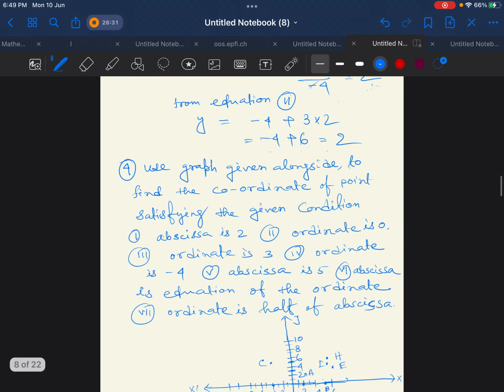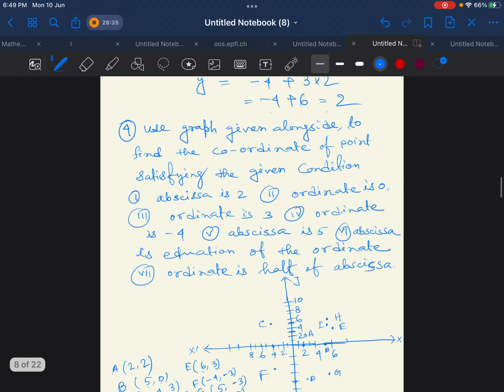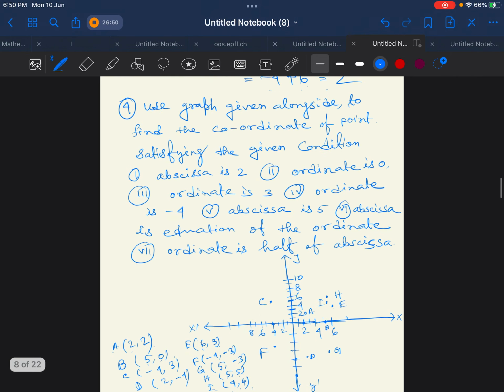Use the graph given alongside to find the coordinates of the point satisfying the given condition. Question number 4. Here, use the graph given alongside to find the coordinates of the point satisfying the given condition.